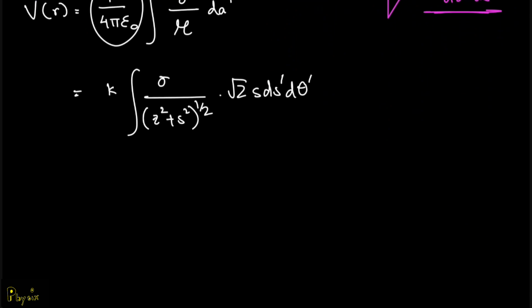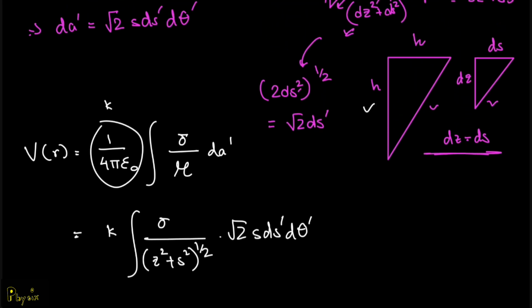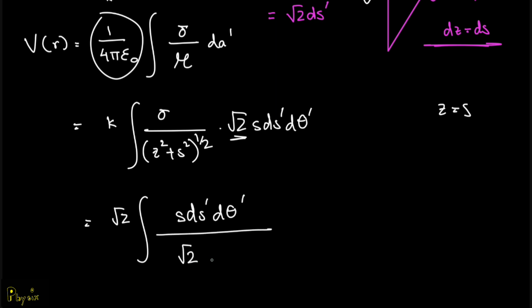Now, as you could tell, at any point z is equal to s from this triangle over here. So z is equal to s, and I can simplify things by bringing the square root of 2 outside. So you have s ds prime d theta prime all over the square root of 2 s squared.